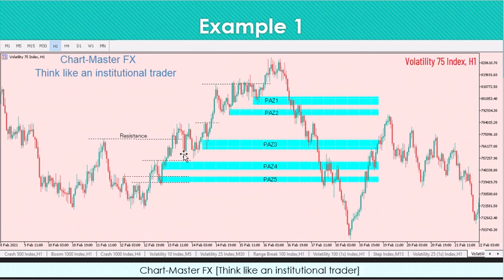This is what you do, guys, you draw your resistance lines. You come here, you see we have a left shoulder here, and as you saw in our anatomy, once you identify this, then you can draw your resistance line.